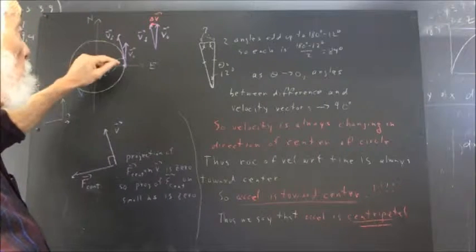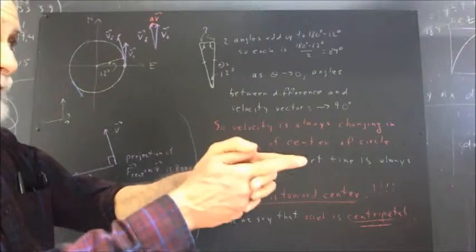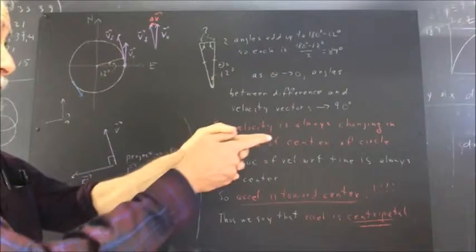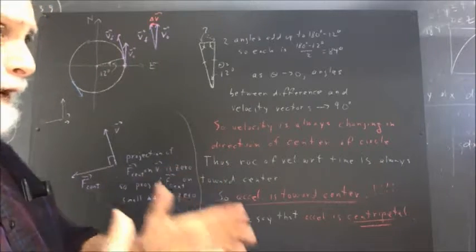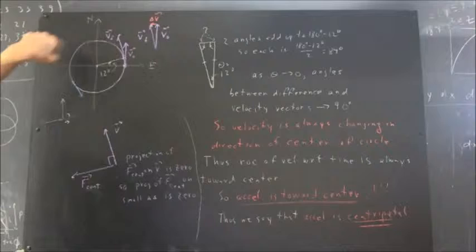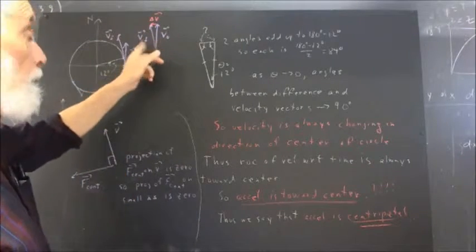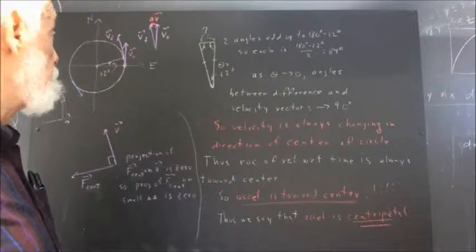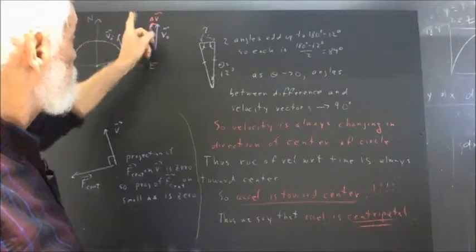Again, my perception from where I'm sitting, this velocity vector goes from where I am, and this velocity vector goes from where I am, and the fact that I've moved isn't really part of my perception of the velocity vectors. Now, it's part of our perception of the overall picture, but sitting in my car, this is the way I perceive my two velocity vectors. So I'm going this way, and then a little bit later, I'm going this way.